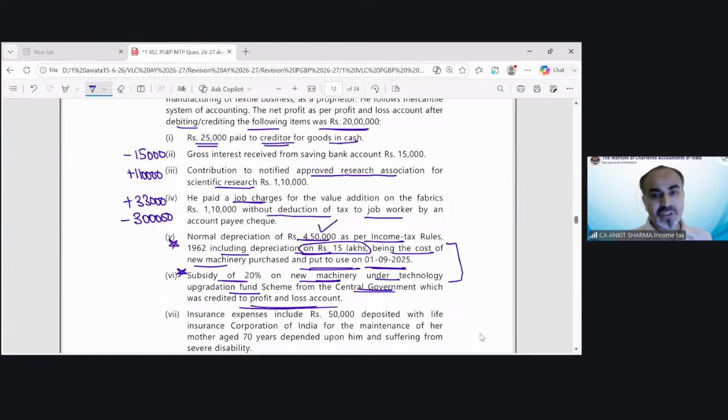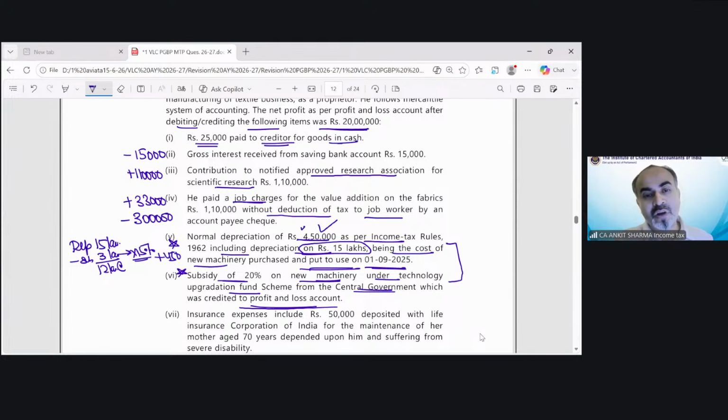Next, the depreciation on this new machine, which was 15 lakh rupees. It would not be calculated on 15 lakh because after subsidy, the remaining value left is 12 lakh rupees, on which depreciation needs to apply. The depreciation which we have claimed already on subsidy, which must have been included in this 4,50,000, needs to be reversed. So on 3 lakh subsidy value, the depreciation we have claimed needs to be added back.